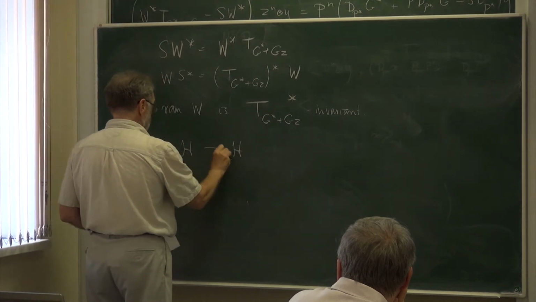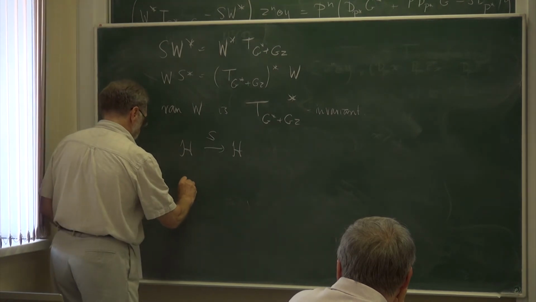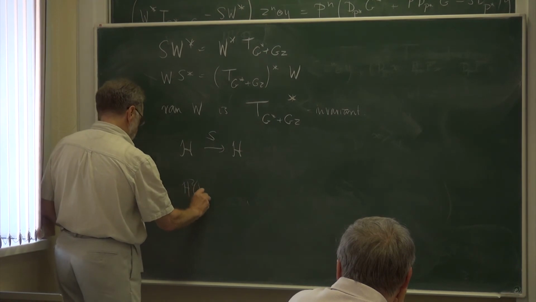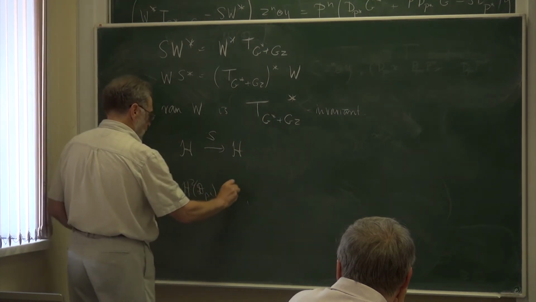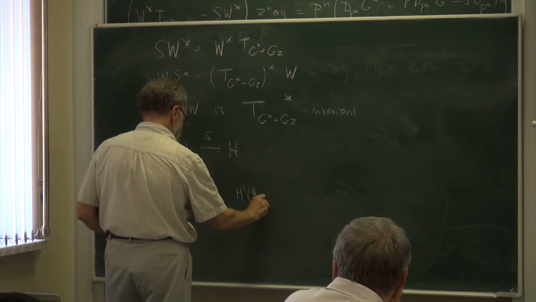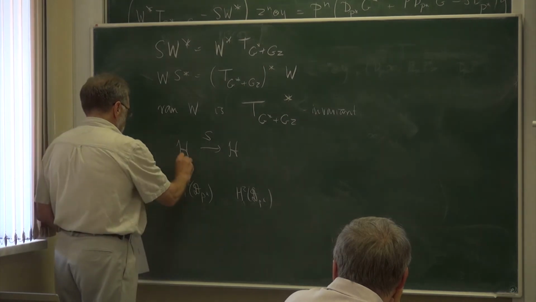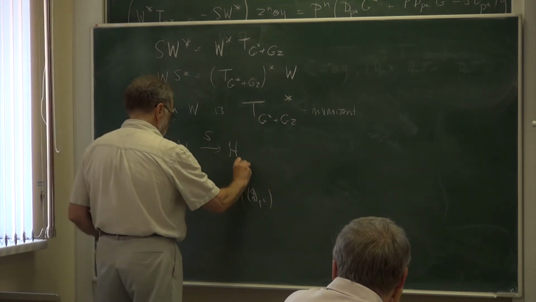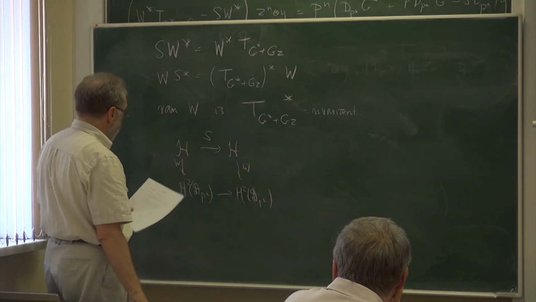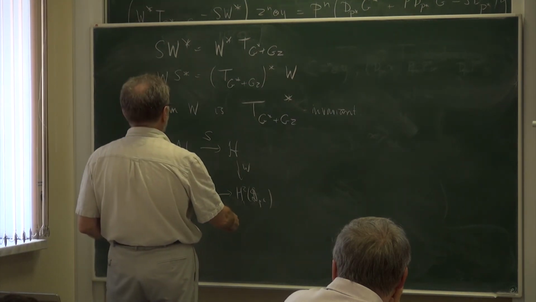So we've got our operator S, we've got H2 dP star, H2 dP star, and if we write W here, and here would be, I'm probably going to get the stars wrong again.